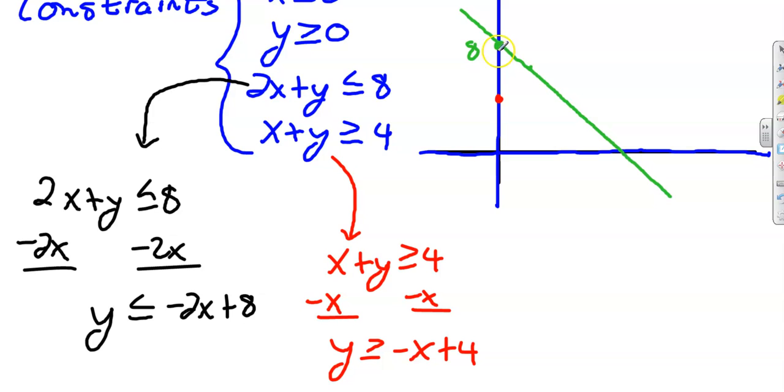Starting at positive 8, down 2 over 1. That should work. So it goes down 2 over 1, down 2 over 1, down 2 over 1, down 2 over 1. Put 2 marks there.